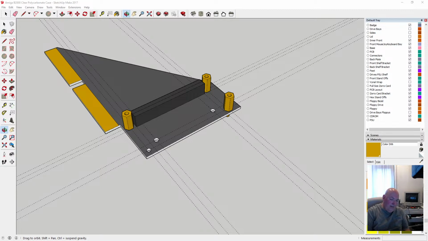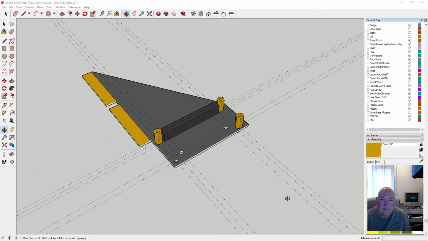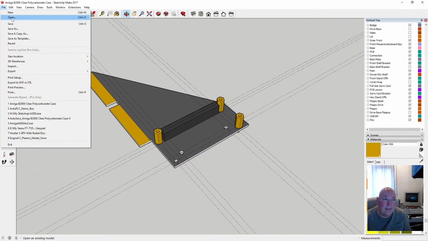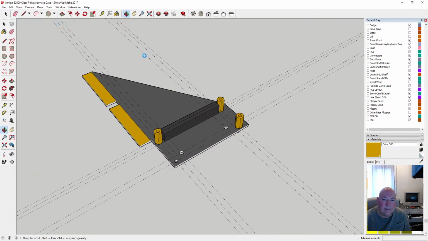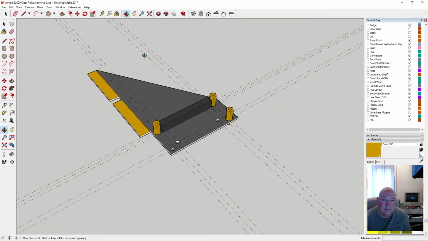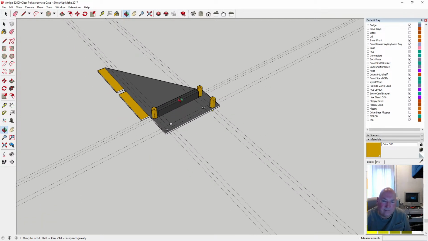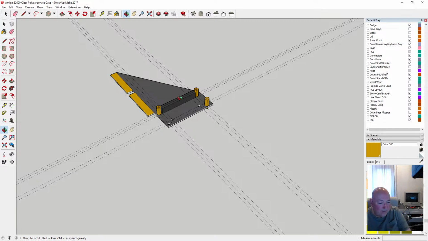Right, so let's make this bracket next. So this bracket is basically... well, let's just make it. Let's make the bracket. So we'll save that. And we'll make a bracket. Let's measure the bracket.